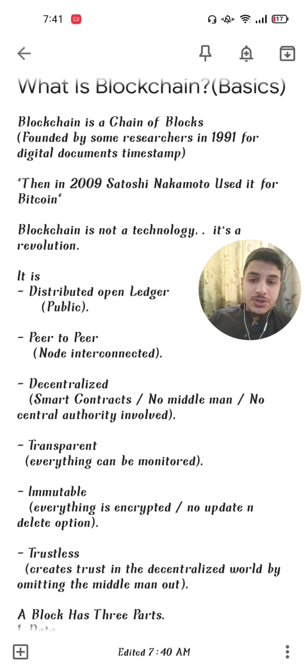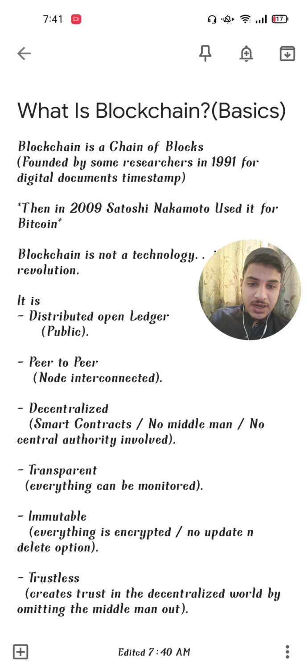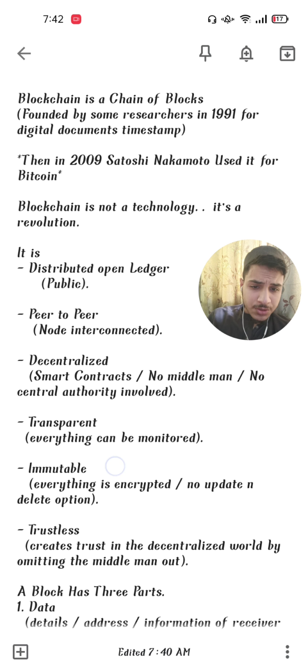Okay, fine. So the definition is that blockchain is a decentralized peer-to-peer open ledger which is distributed, transparent, immutable, and trustless. So this is a basic definition. Let me describe each point in detail. What is a distributed open ledger?